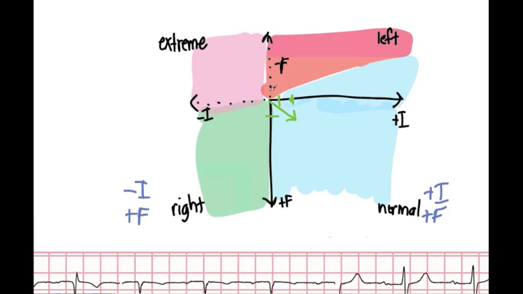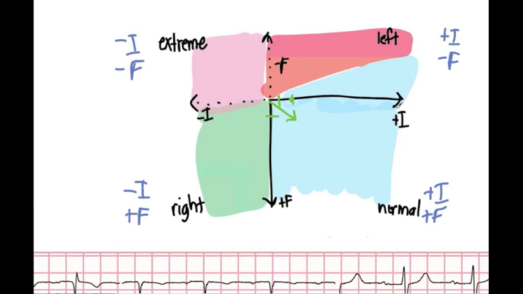Similarly, whenever F is negative and 1 is negative, we have an extreme axis. And finally, this quadrant is the quadrant wherever 1 is positive and F is negative. Well, two things could happen. We could either be left or we could be normal. Remember, this blue area is where it's normal.